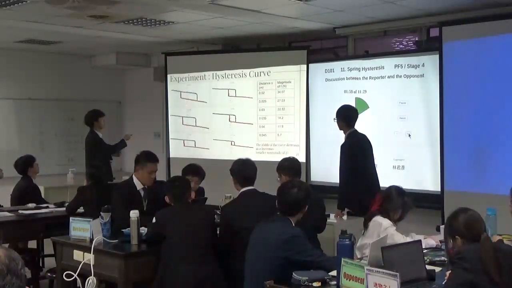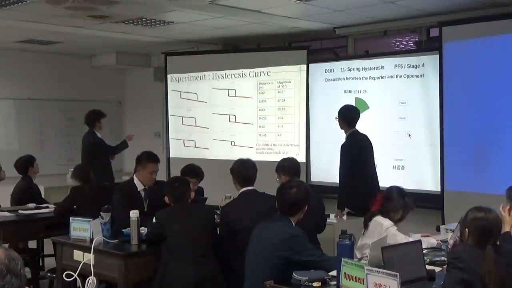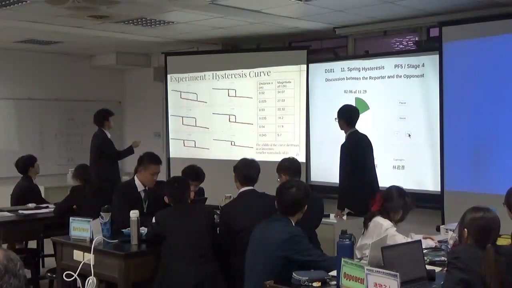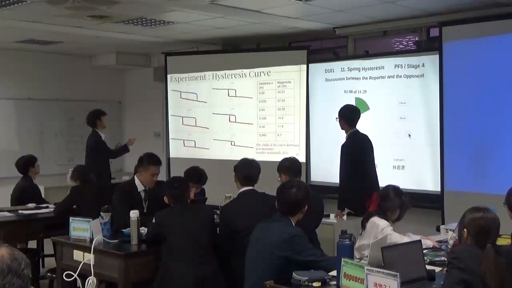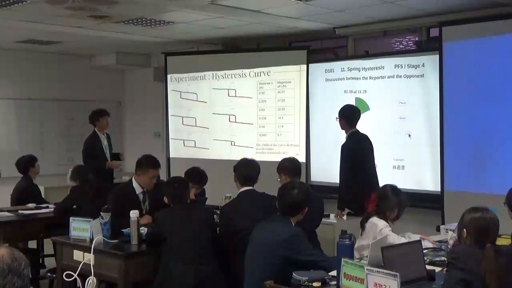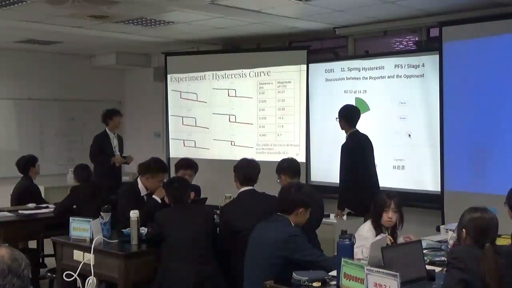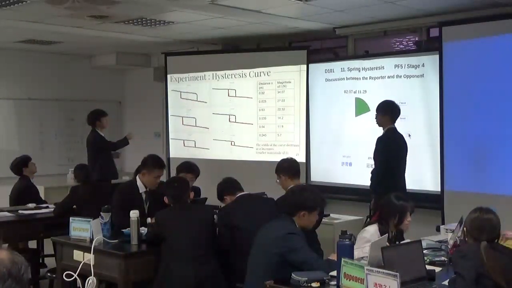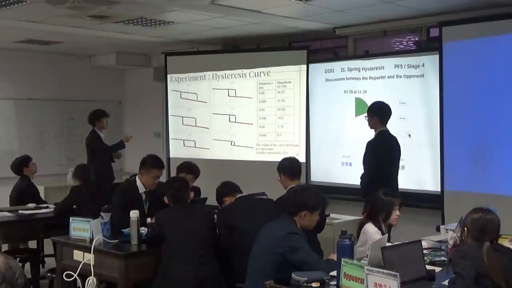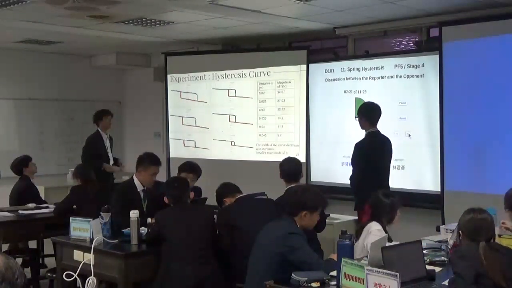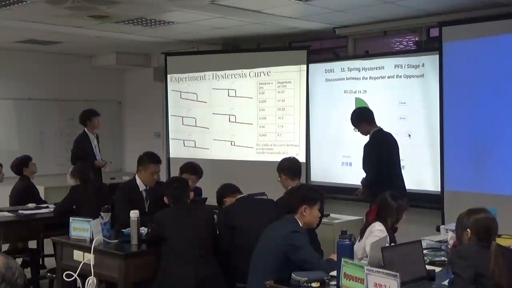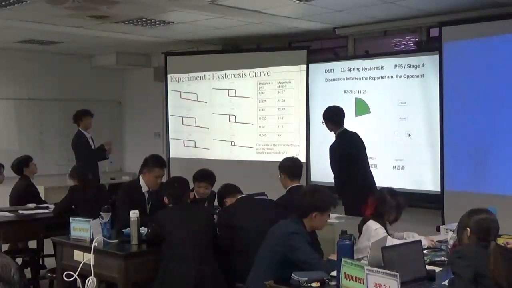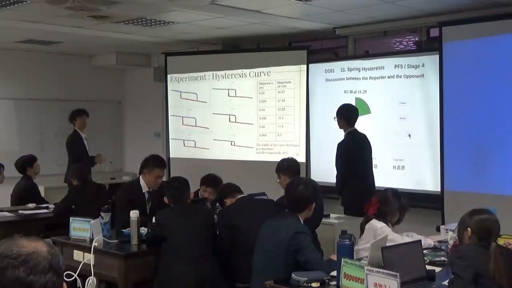The vertical coordinate is y, which is position. If we plot the position against the force, we get the hysteresis curve from our experiment. These six pictures show the different hysteresis curves for different x.